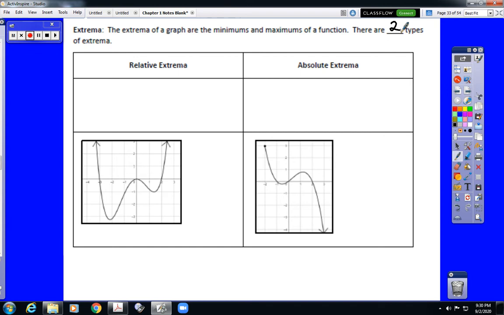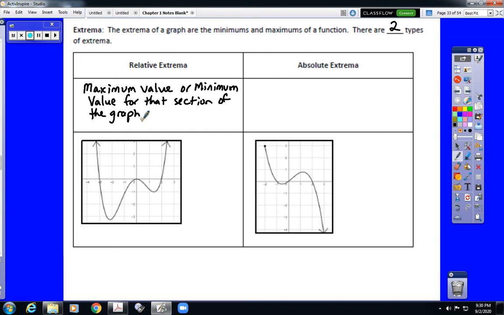The first type is what's known as a relative extreme, which is a maximum or minimum value for that section of the graph. Okay, an extrema exists anywhere we have a switch from increasing to decreasing.